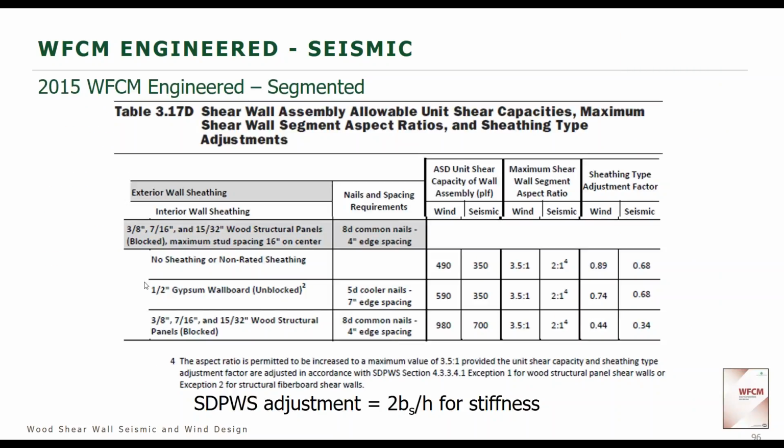The other thing I want to mention about this table here, table 3.17, is when we're combining a wood structural panel and a gypsum for the wind design, we don't combine the two as if it's an additive method.